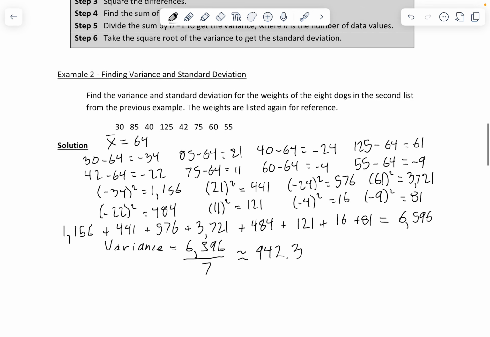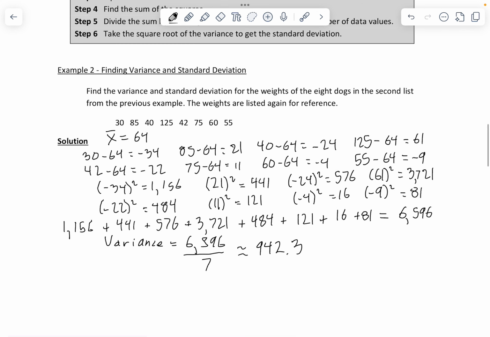And then the other measure of variation is called the standard deviation, and that is found by taking the square root of the variance.